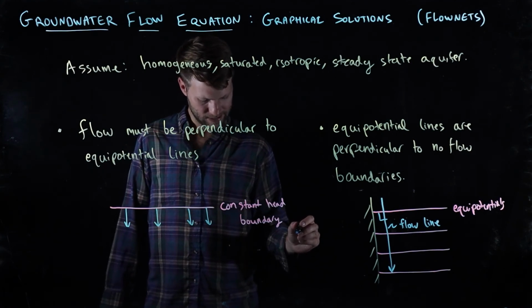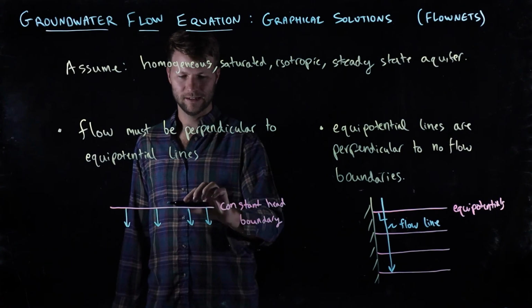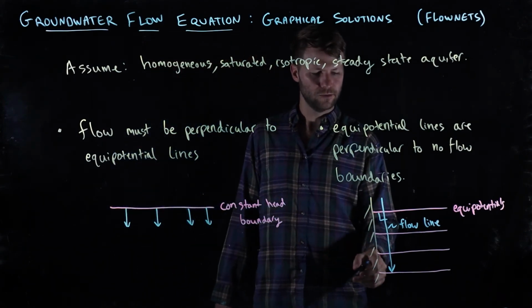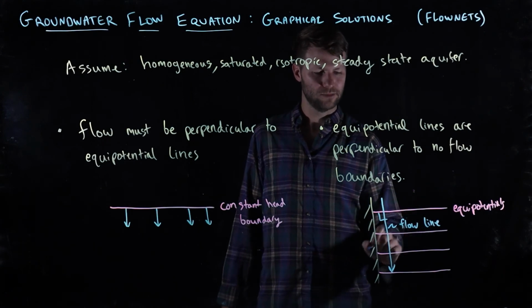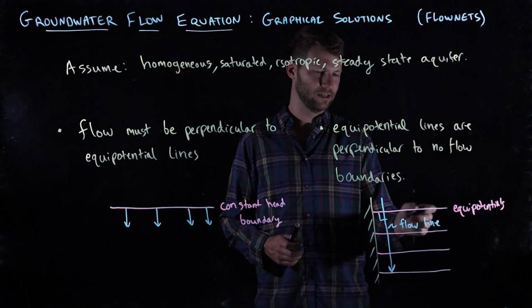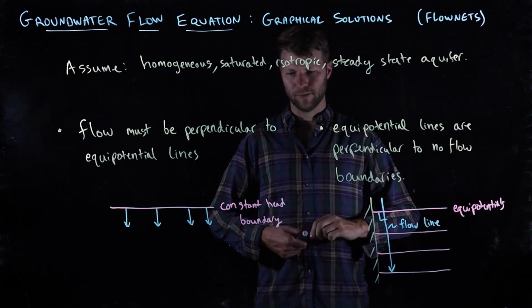So to summarize that, the flow is perpendicular to an equipotential line that is a constant head boundary. And if you have a no flow boundary, equipotential lines must be perpendicular to it, and therefore the flow, which is perpendicular to the equipotentials, must be parallel to the no flow boundary.